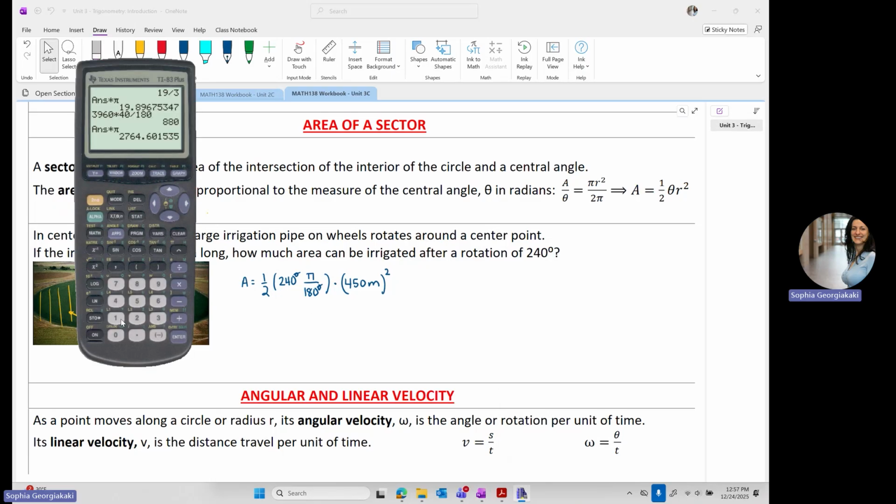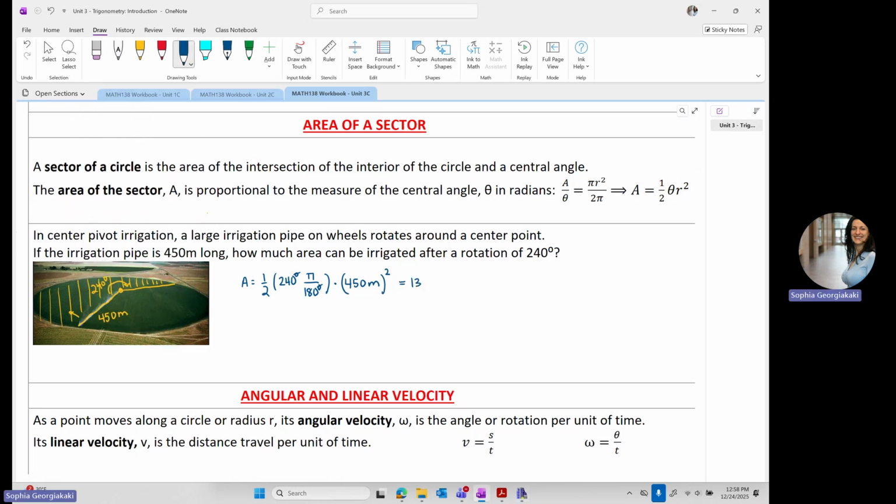So I'm going to do 1/2 times 240 divide by 180 times 450 squared. And the answer is 135,000 pi. The units are square meters.